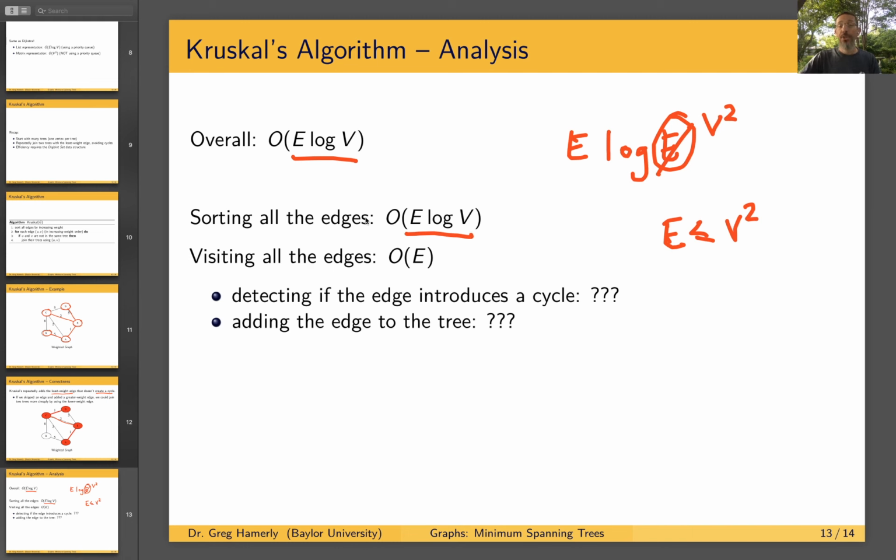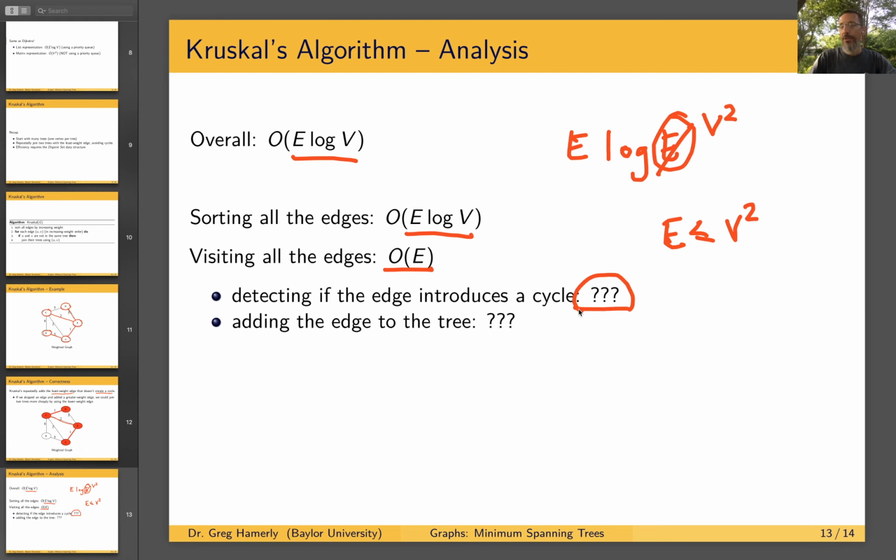Okay, so the sorting of the edges is actually the dominant thing for the runtime of Kruskal's algorithm, which is a little surprising since the rest of the algorithm seems more complicated. We also have to visit all the edges. There are E edges. Once we've sorted them, we can do them in order. And for each edge, we have to ask this question: does adding this edge introduce a cycle?